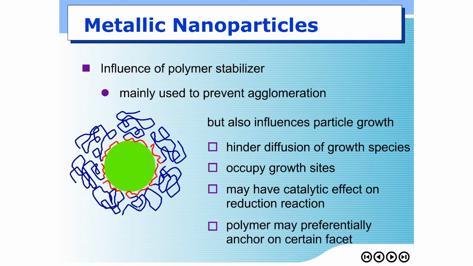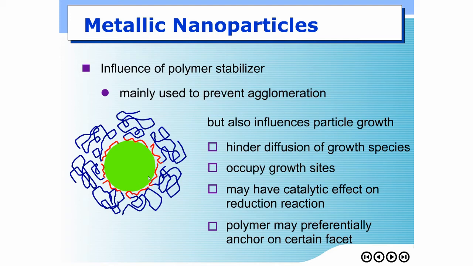And some polymers may not anchor on the surface of particles evenly. Especially if you have crystals with facets, some faces of the crystals may be anchored more easily than the others. So polymer density on some surfaces might be higher than on the others. That means the growth on the surface that is not anchored by the polymer should be faster.